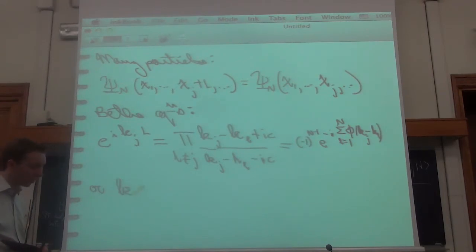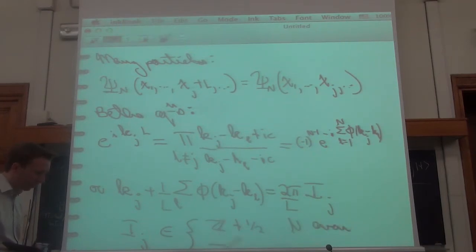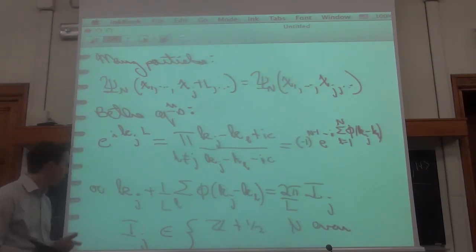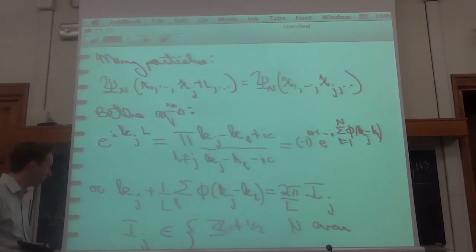In log form, it just becomes Kj plus 1 over L summation over L of phi of Kj minus KL is equal to 2 pi over L times Ij, where now Ij is in half-odd integers for n even, and it's in the integers for n odd.